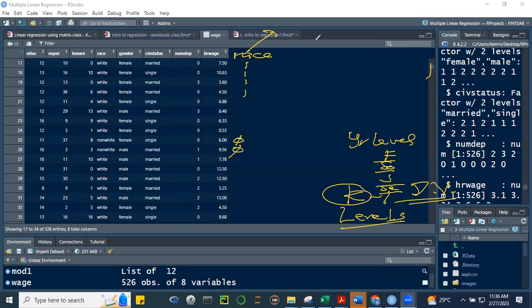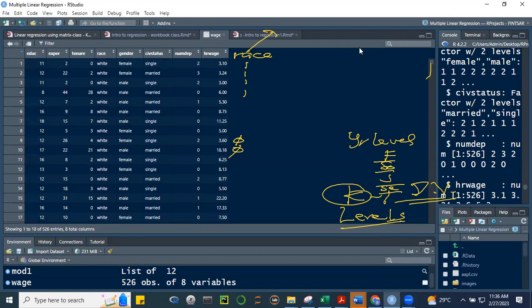Okay, ano ibig sabihin ng dummy variables? Okay, magbigay tayo ng example dito. Let's assume si respondent 1, okay, babalik tayo sa taas kanina. Okay, let's suppose, balik na naman ako sa annotate.